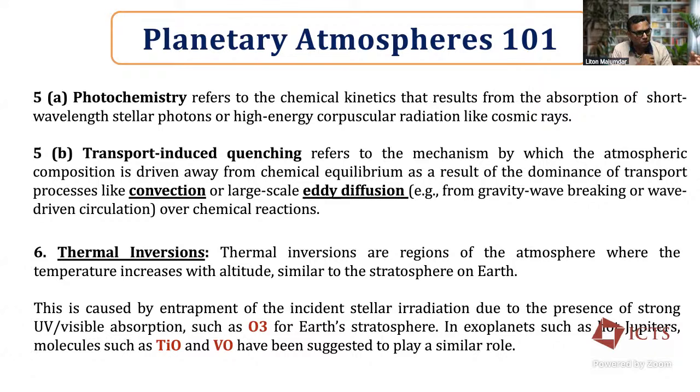And I'll also talk about photochemistry, where your planet atmosphere is evolving and your chemistry is largely controlled by incoming stellar photons, together with thermal chemistry, combined with the impact of physical processes such as convection and diffusion processes.